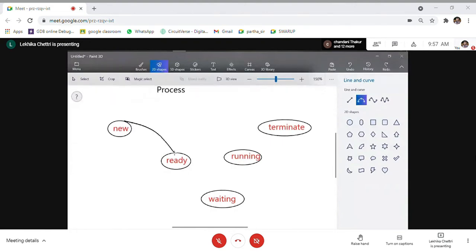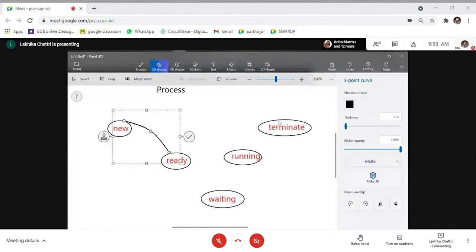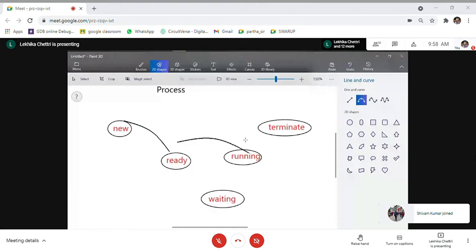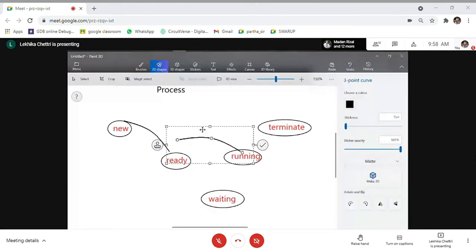We don't have arrows or what? From ready we can go to running. From running we go to terminate.